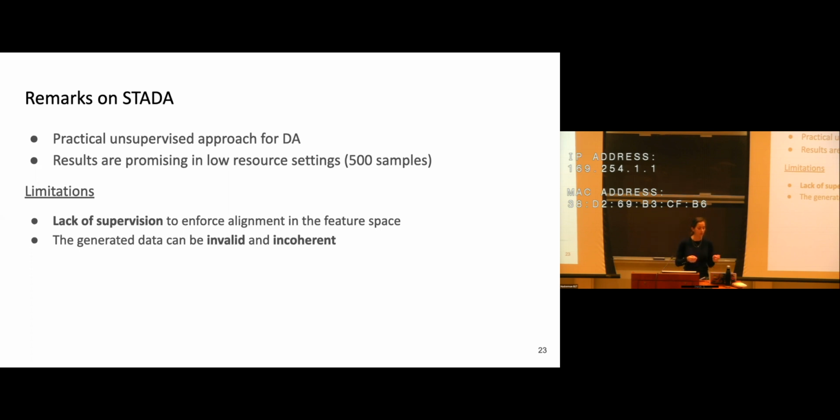We want to work on a better alignment and have more control on the type of data that is generated. I didn't mention this, but in this previous work, we do see issues of invalid data that we have to throw away because we don't have the right format. For example, you may see an I tag by itself or before any B tags, so it's incoherent and you can throw it away.